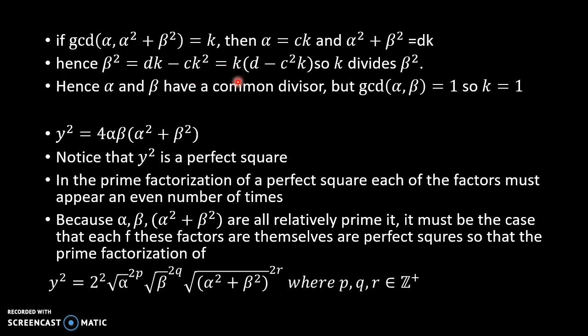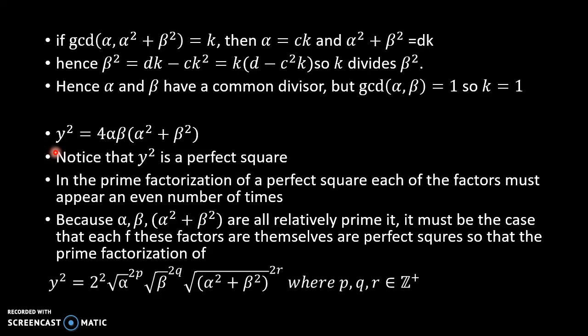And we can factor that so that k times the quantity d minus c squared k, we see that k divides beta squared. Therefore, we know that alpha and beta do in fact have a common divisor, namely k. But because we know that the GCD of alpha and beta is 1, we know that k is 1. Therefore, this forces alpha, beta, and alpha squared plus beta squared to all be relatively prime.